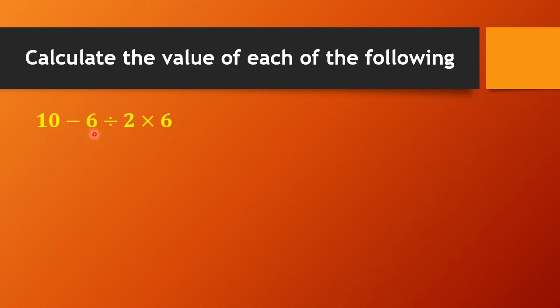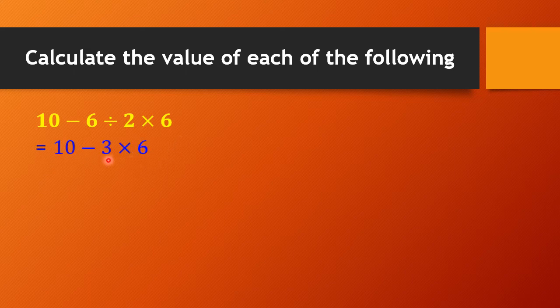10 minus 6 divided by 2 times 6. We have subtraction, division, and multiplication. The first operation we will do is division or multiplication. It will be division because it is the first from left to right. So 10 minus 6 divided by 2 equals 3, times 6.